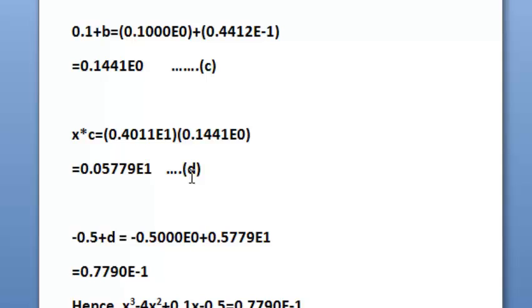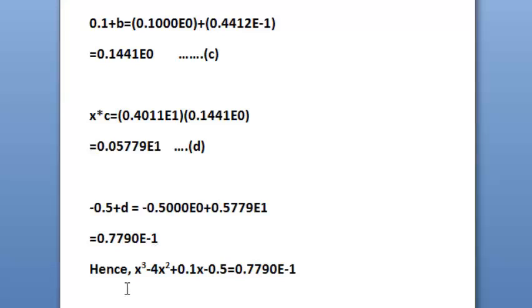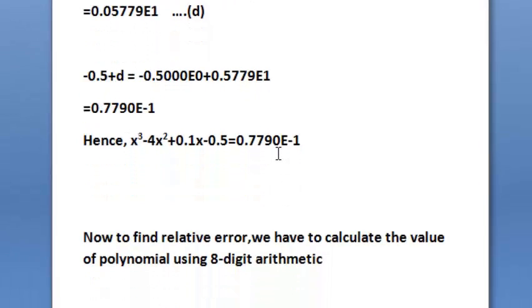This is our equation D, and finally adding minus 0.5 to D, we get 0.7790 E minus 1. Hence x cube minus 4x square plus 0.1x minus 0.5 equals 0.7790 E minus 1. Now to find the relative error, we have to calculate the value of the polynomial using 8-digit arithmetic.